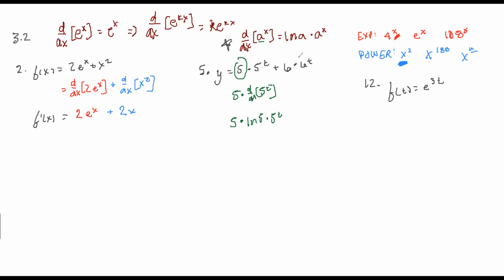And then we are going to do plus the exact same thing. This is 6 times the derivative of 6 to the t, so this is going to be plus 6 times the natural log of 6 times 6 to the t.